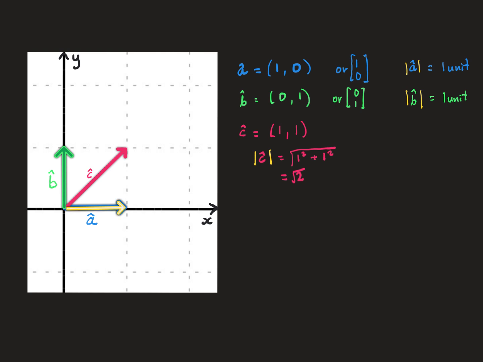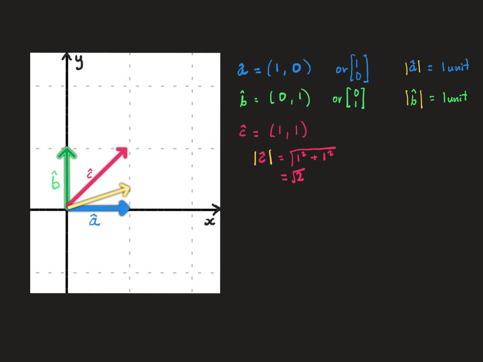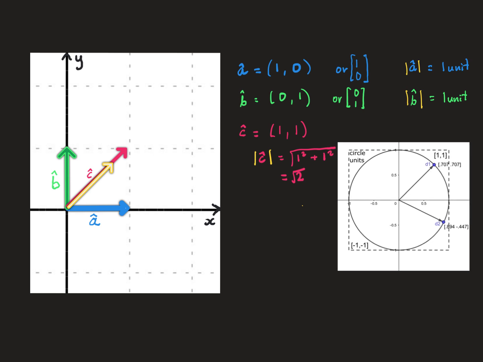So for it to be 1 unit, it would need to scale down to the size of this yellow vector over here, which means that we would have to move it around in a unit circle, and it would have to be that long. According to this unit circle over here, it would have to come down here, and it would also have to go up the y-axis.